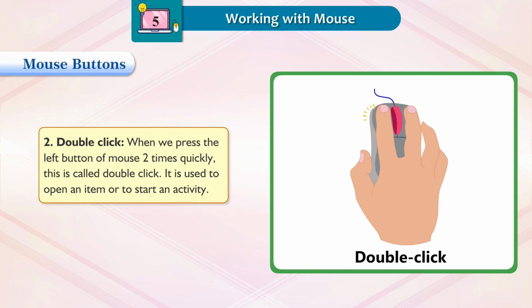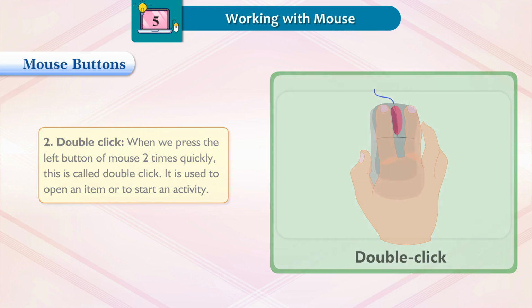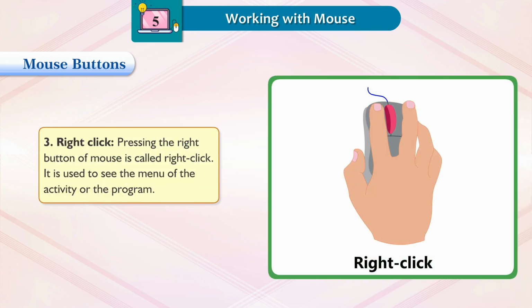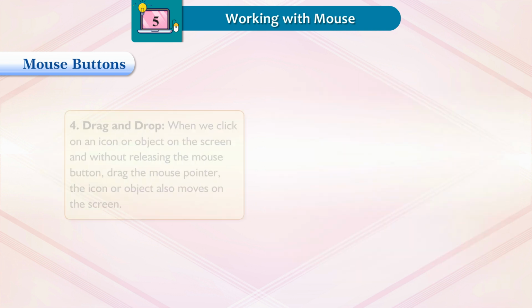When we press the left button of mouse two times quickly, this is called double click. It is used to open an item or to start an activity. 3. Right click. Pressing the right button of mouse is called right click. It is used to see the menu of the activity or the program.